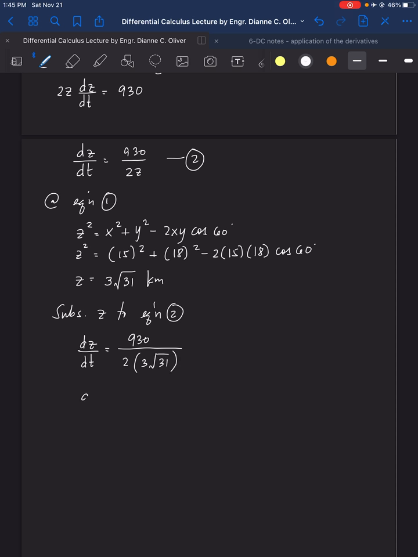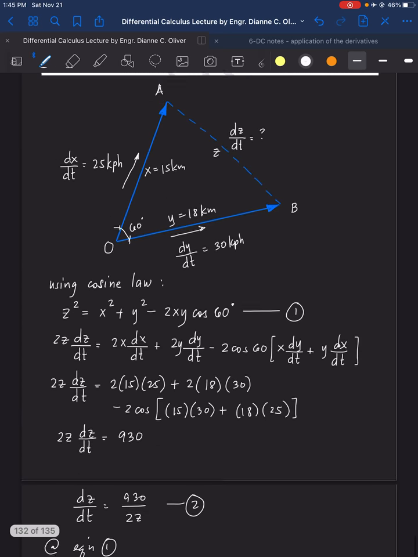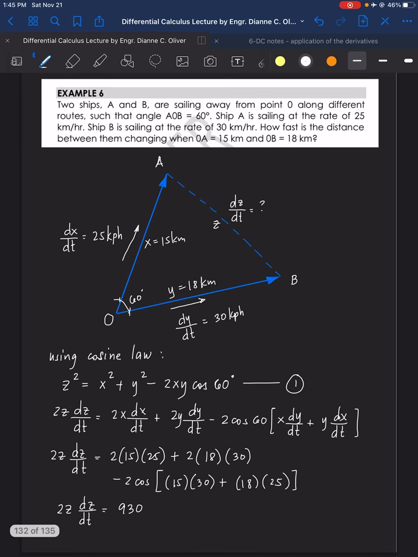So the value of dz over dt is equal to 27.84 kilometers per hour. So that is for sample number 6.